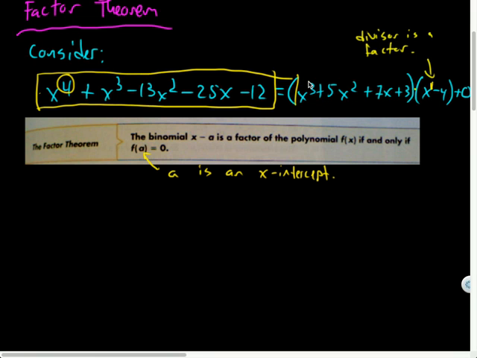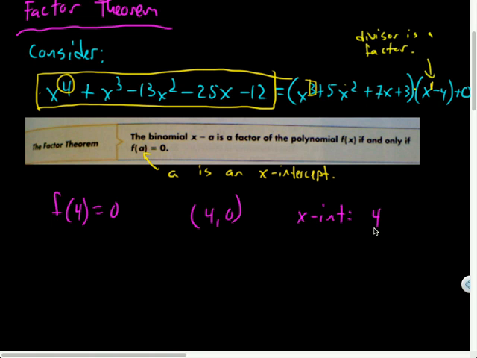And then how many would this polynomial have? 3. And it turns out that the 3 x-intercepts that this polynomial has are the other 3 x-intercepts that the original has. So this has 3 of the polynomial's x-intercepts, and this has the other one that we already know, f of 4 equals 0, or the point 4 comma 0.